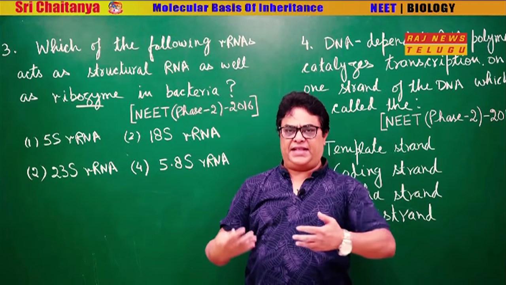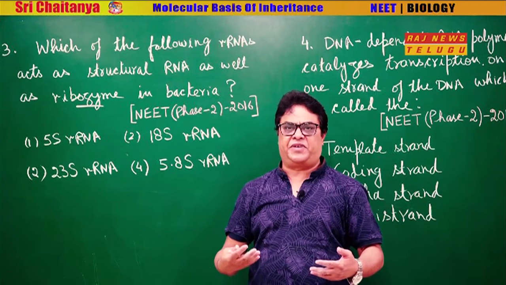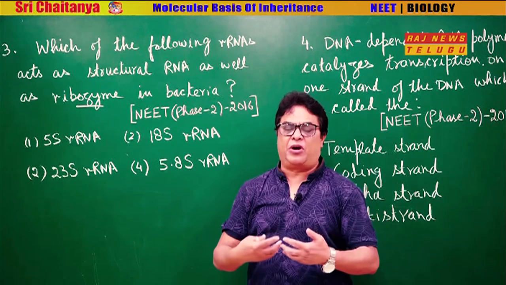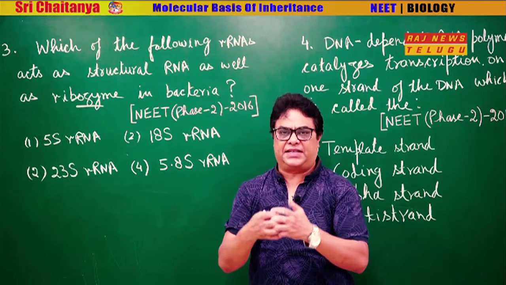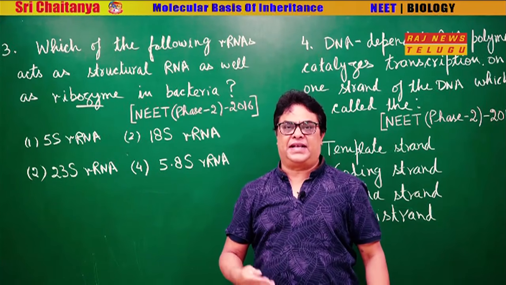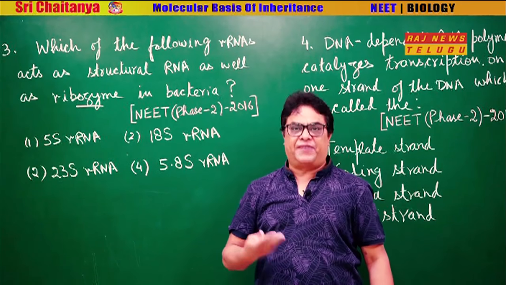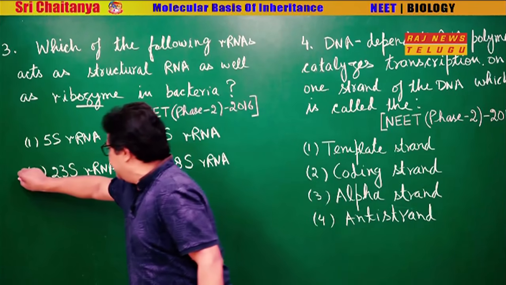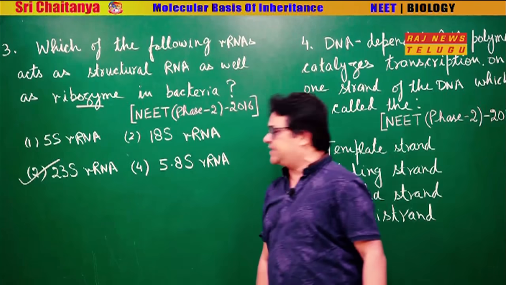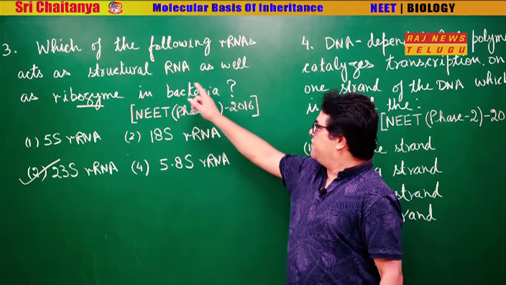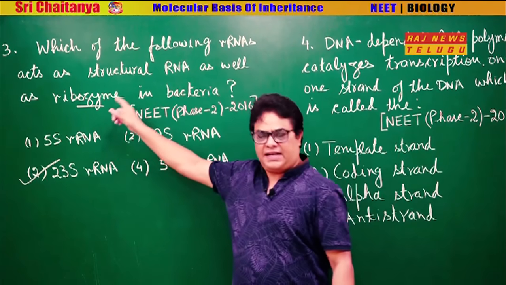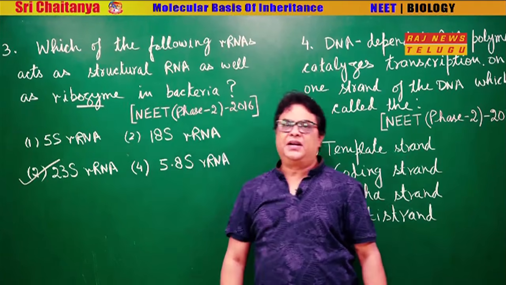It catalyzes the formation of the peptide bond between two amino acids, and hence it is also called the peptidyl transferase enzyme. So, our answer is 23S rRNA, which along with structural also has an enzymatic function, or it is a ribozyme.